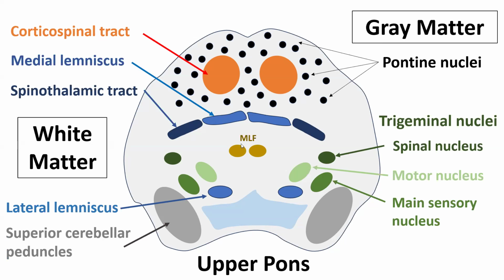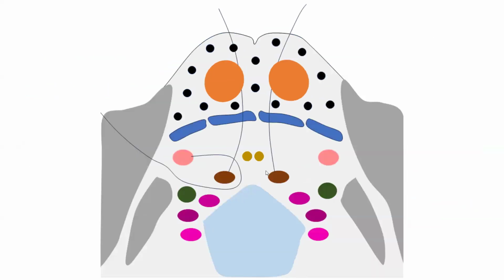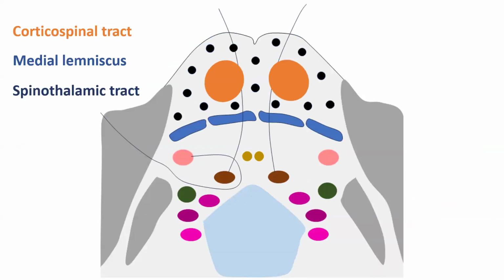This is the medial longitudinal fasciculus, which is a white matter tract connecting the oculomotor nerve with the abducens nerve, and we will see later on that this white matter tract is very important for the horizontal gaze, but more about that later.